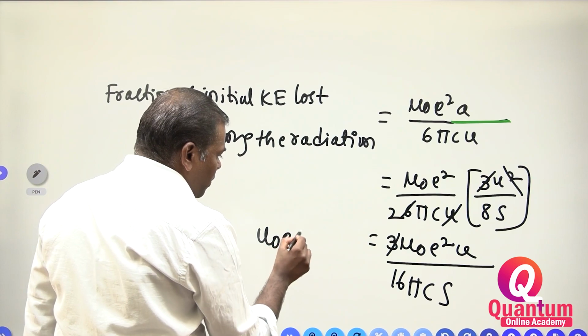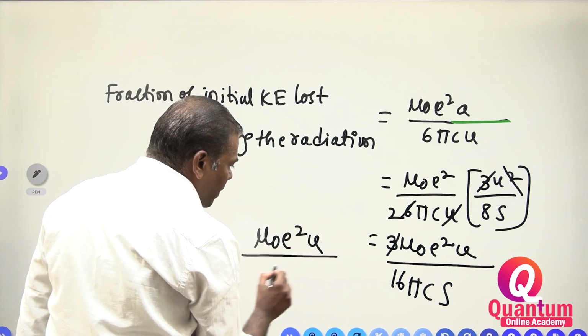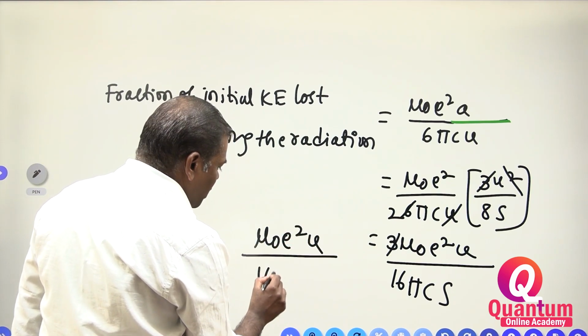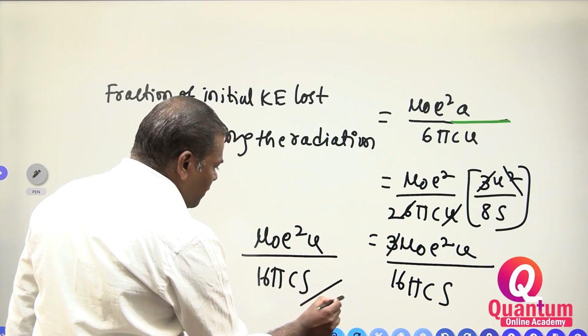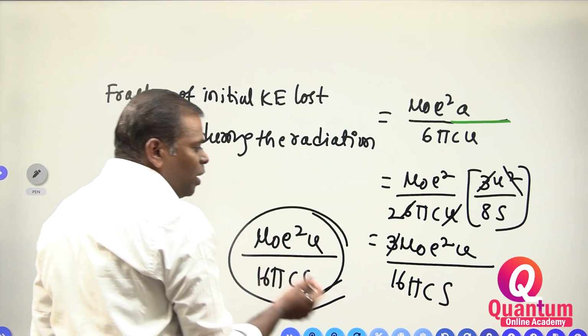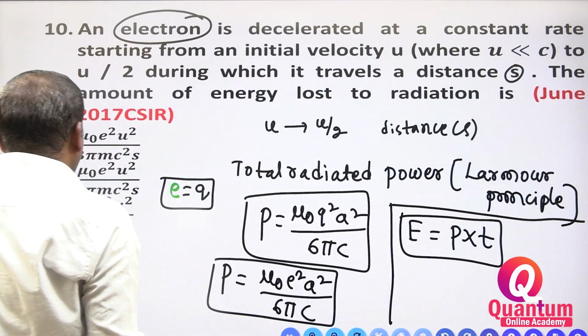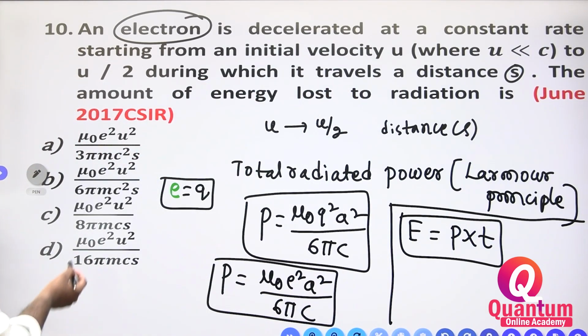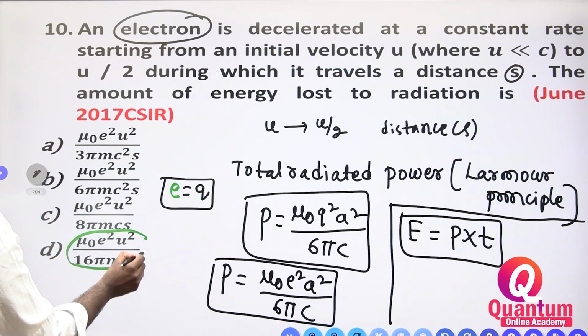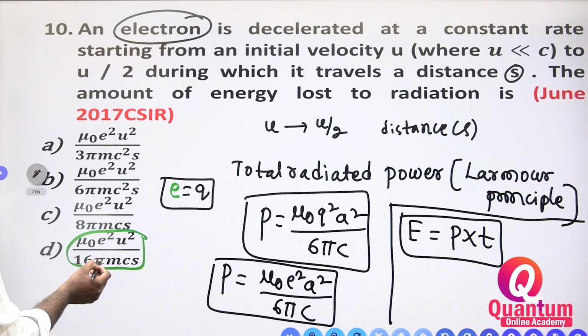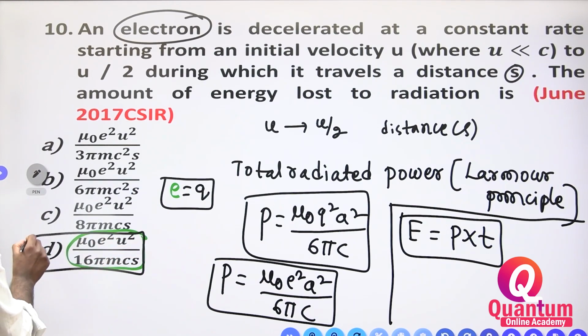Mu naught e squared u divided by 16 pi c S. Whether this answer is there or not, you have to check in the options. So mu naught e squared u squared divided by 16 pi m c S. Option D you are getting.